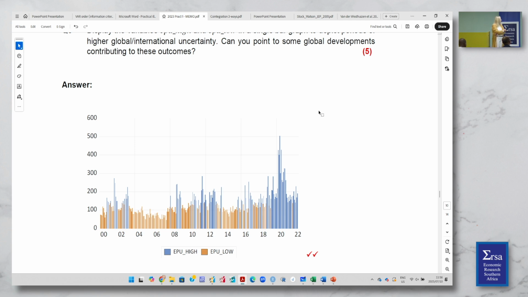But where are the biggest periods of uncertainty globally? Obviously COVID, and it's extended, it still shows up globally. Maybe it's new factors as well, but the whole world is a little bit crazy currently.